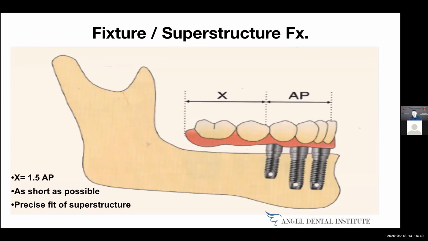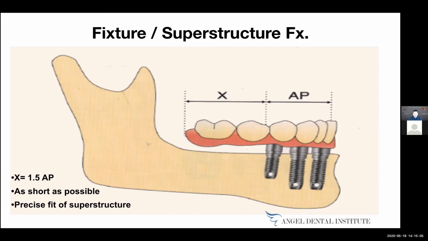Obviously, the shorter the distal extension, the better it is function-wise, but the maximum they've shown is about 1.5 times AP. The AP distance is a perpendicular distance. It's not a curvature thing. It's from the most front to the most back of the implants that you place.